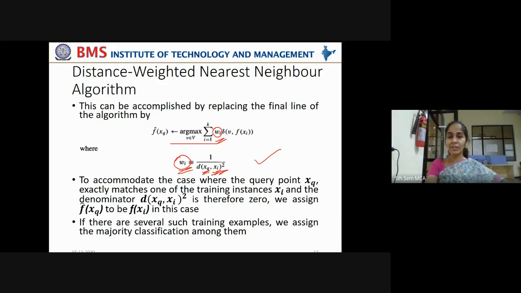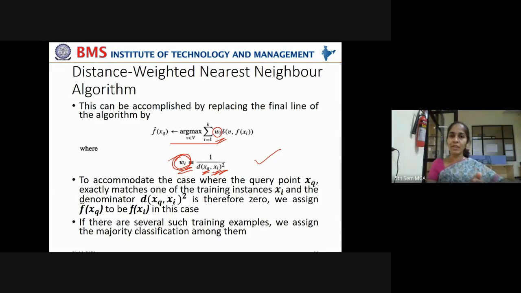Now what happens here? Nearest neighbors will be given more weight and farther neighbors will be given less weight. Far neighbors means what? Listen carefully. Far neighbors means the distance is higher. When the distance is higher, the reciprocal of the distance will be lower. So weight will be lower. Did you understand? And nearest neighbors will have lesser distance.